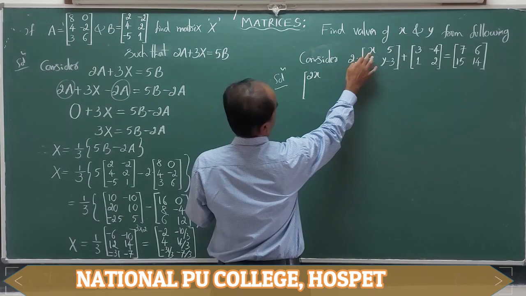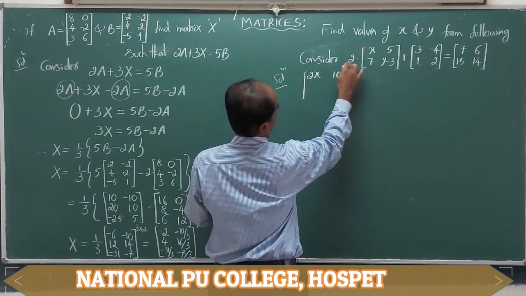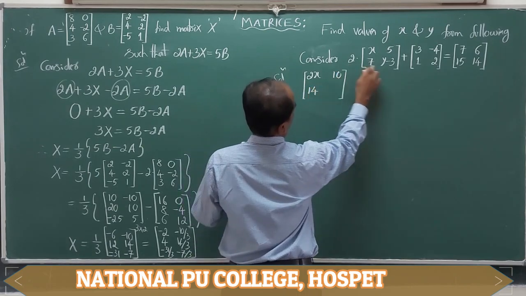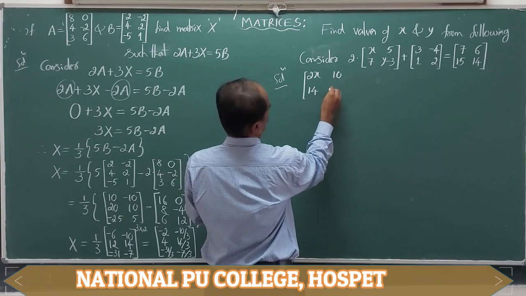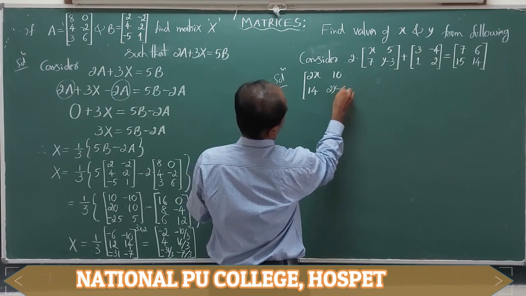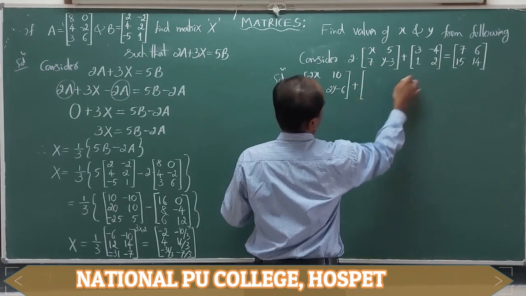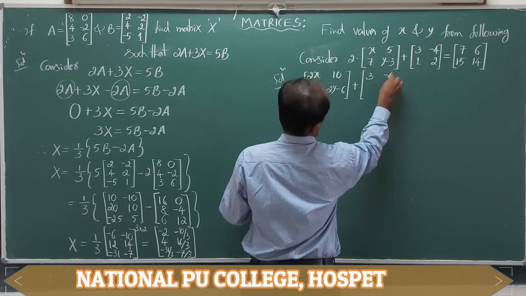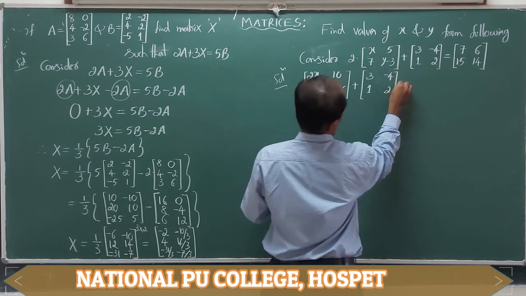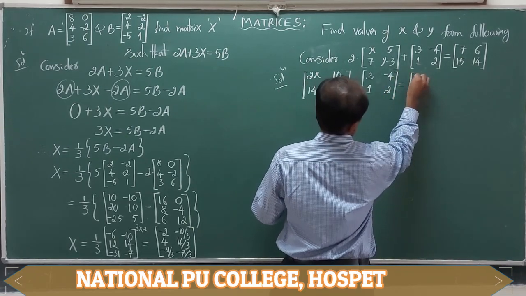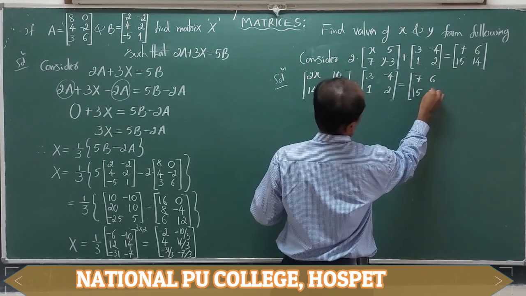So it is 2 times x, 2 times 5 is 10, 2 times 7 is 14, 2 times (y minus 3) is 2y minus 6, plus, write this matrix as it is. First row elements 3, minus 4, second row 1, 2, is equal to first row elements 7, 6, second row elements 15, 14.